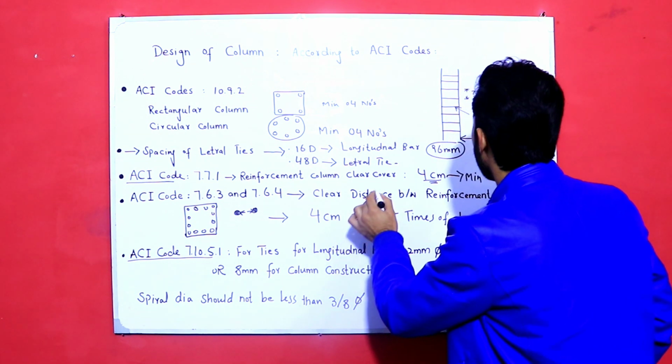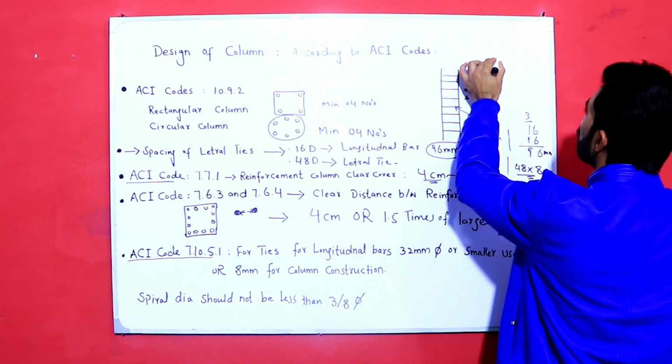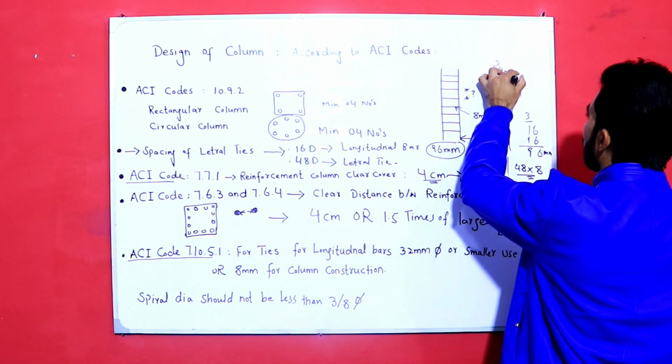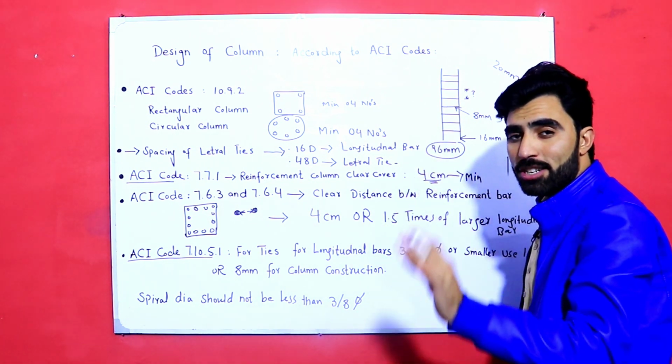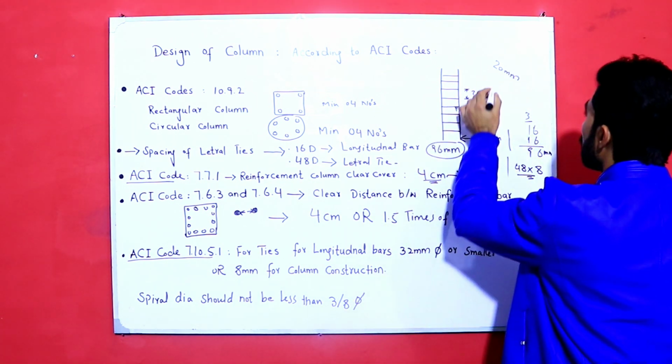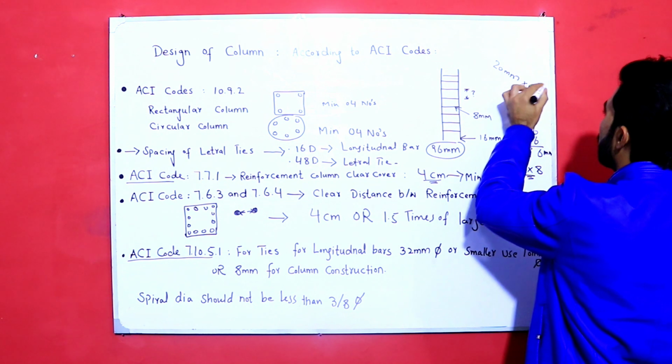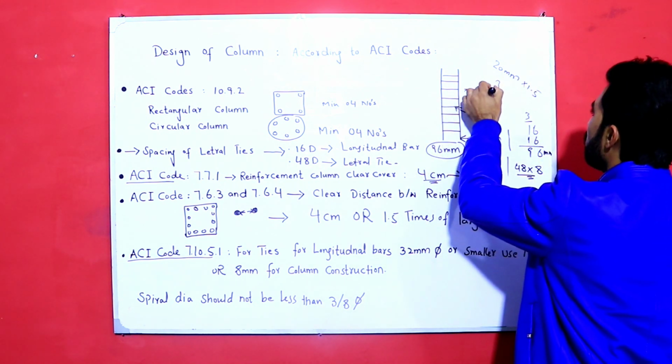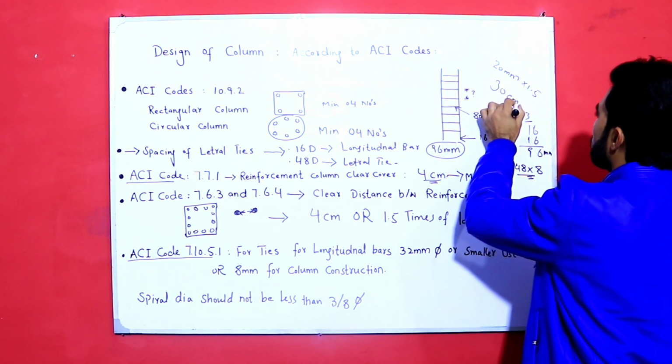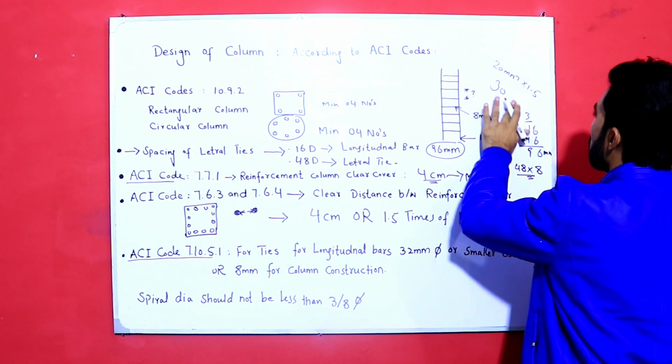For example, if you use a 20 mm dia steel bar in an RCC column, the larger dia is 20 millimeter, so multiplied by 1.5 it becomes 30 mm.